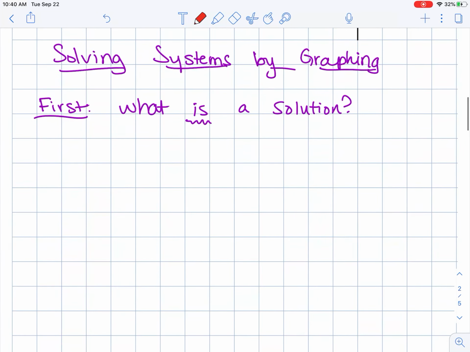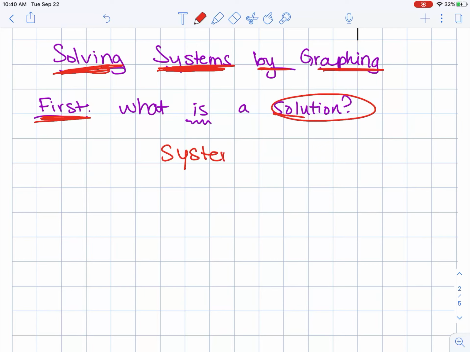Okay, so how can we use that to solve systems by graphing? So our first question is, what is a solution? Well, in order to know what a solution is, we have to know what we're looking at, a system or systems, right? A system is 2 or more linear equations.